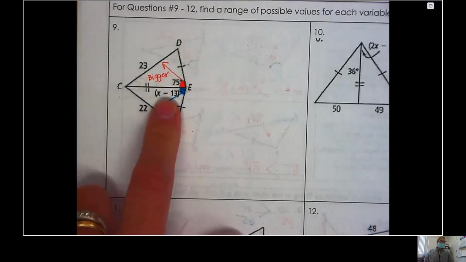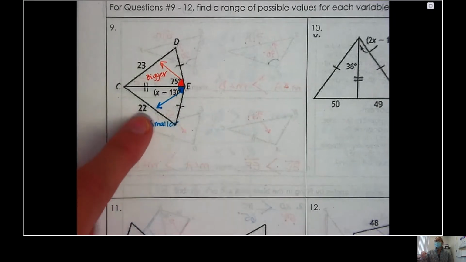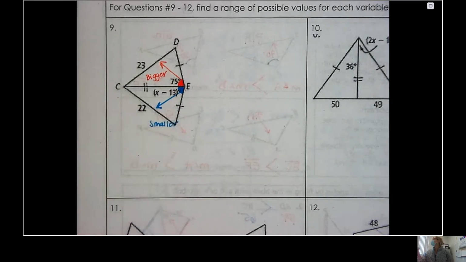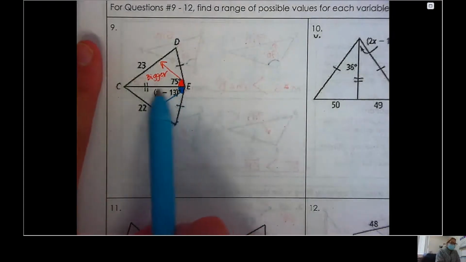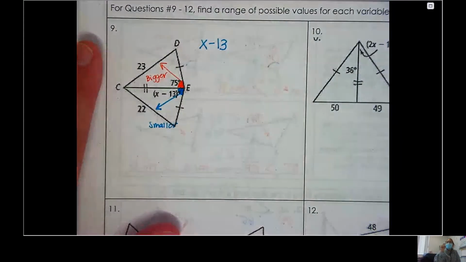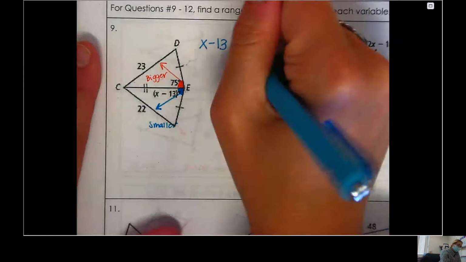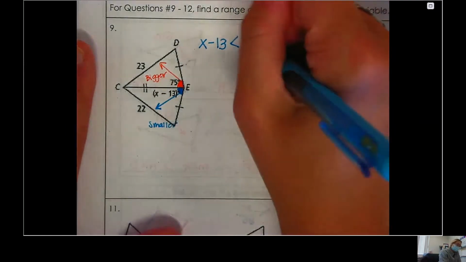Okay. So I know that this triangle is smaller because this side is smaller. That means this angle right here has to be smaller than 75. It has to be less than that number because this is a smaller triangle. It's a smaller side. So I'm going to write that as an equation. I'm going to say this angle right here, x minus 13, is smaller or less than the other angle right next to it, which is 75.